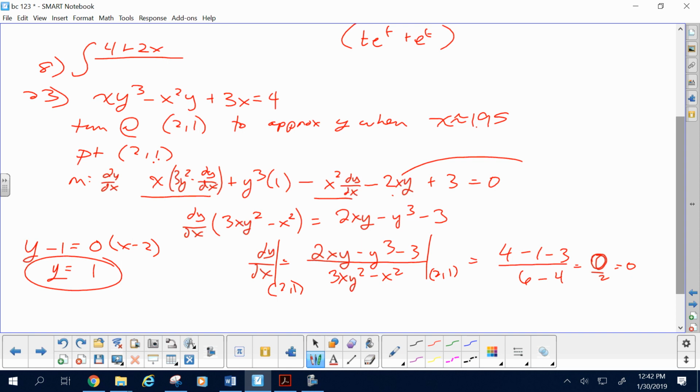At 2 the slope is 0, and at 1.95, based on the way it's changing at that point, I would expect the y to be the same, so the estimate is still 1. That is my estimate. Okay?